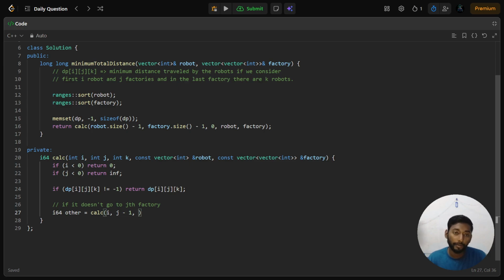And the number of robots in that factory will be 0, because no robot is there yet, and we will simply pass robot comma factory. Okay.